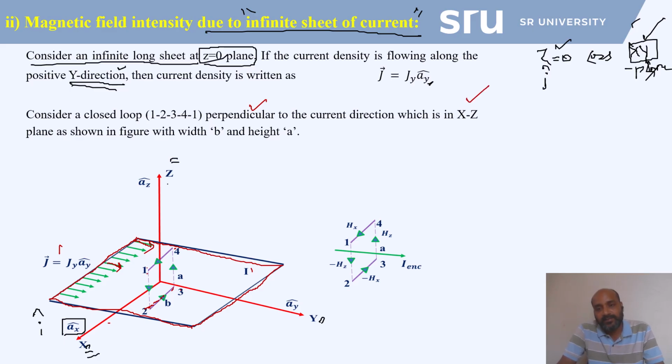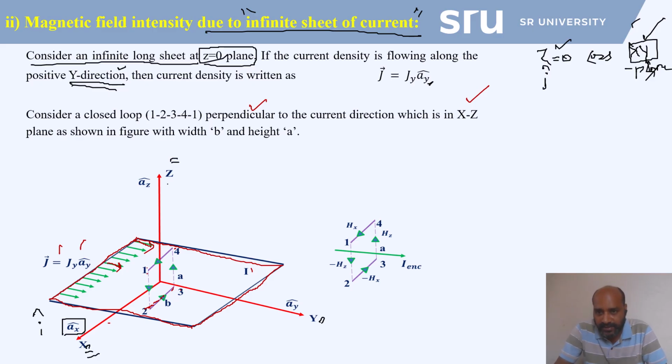So what does it mean? You are considering a closed path like 1, 2, 3, 4, 1 perpendicular to the current direction. Why are we taking the xz plane?